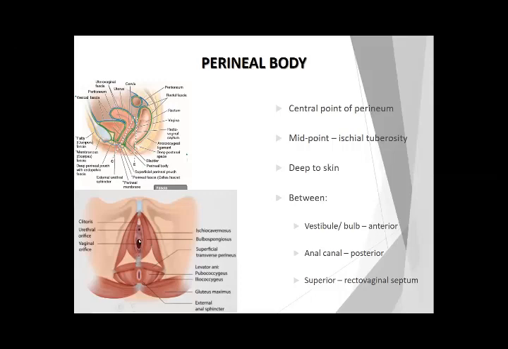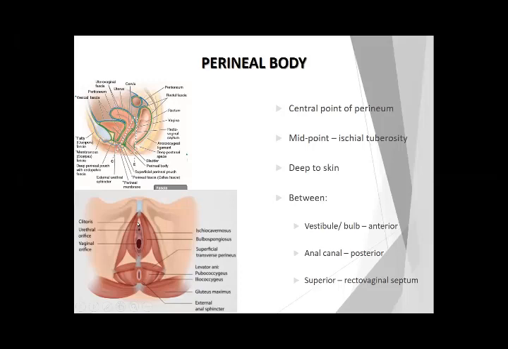Anterior to the perineal body is the vagina. Okay? Basically, in the females, anterior to the perineal body is the vestibule. Vestibule is the common opening for the vagina and the urethra.